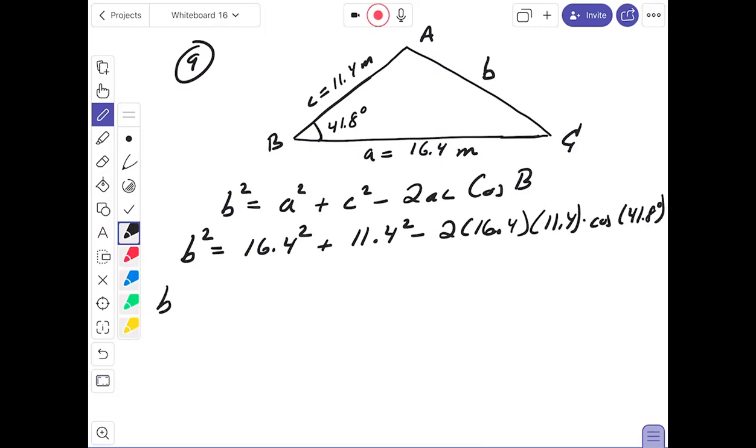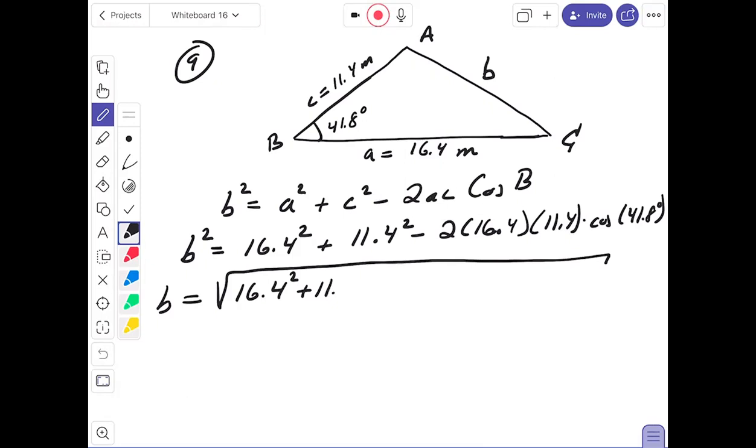I'm going to put B down. It's a square root. B equals the square root of 16.4 squared plus 11.4 squared minus 2 times 16.4 times 11.4 cosine 41.8 degrees. Put a box in this.